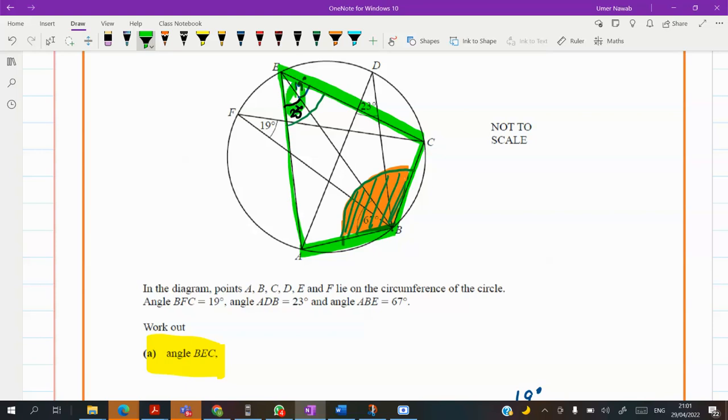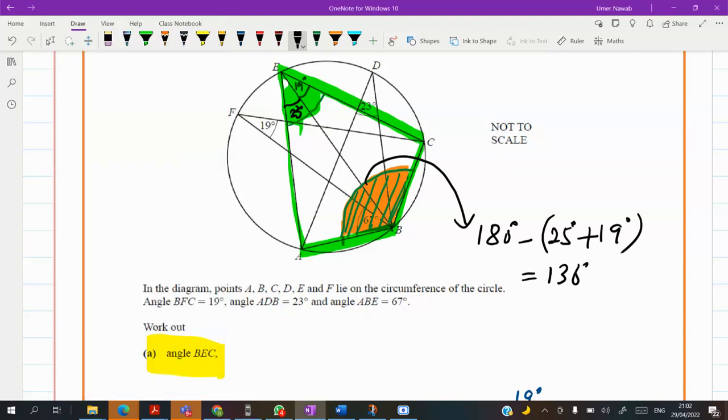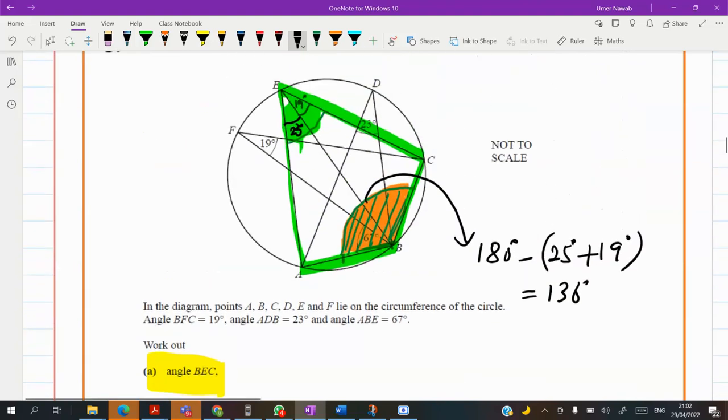In a cyclic quadrilateral, opposite angles are supplementary. So I can easily find this angle: 180 degrees minus 25 plus 19. So 180 minus 25 plus 19 gives us 136. Big angle, obtuse angle, 136.